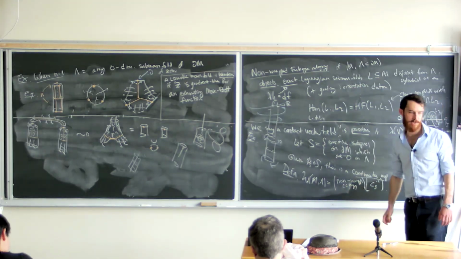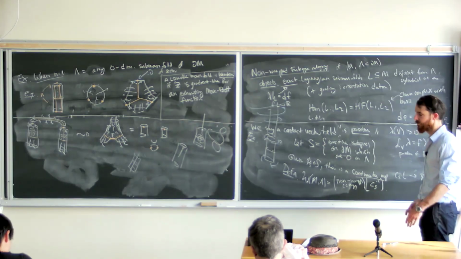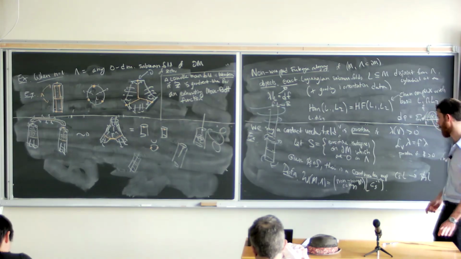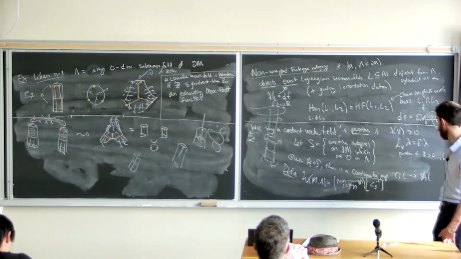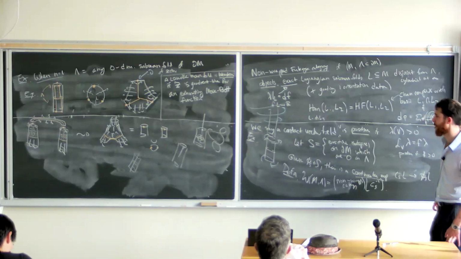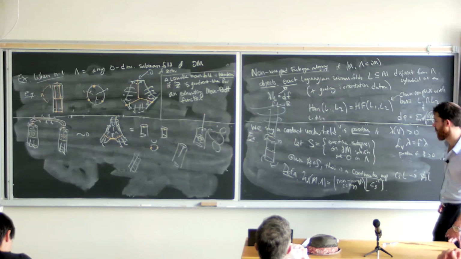If I have a category and I have a morphism in that category, there's something I can do called a localization, where I formally adjoin an inverse to that morphism. That forces this object and this object to become isomorphic in my new category. So that is the definition of the wrapped Fukaya category.